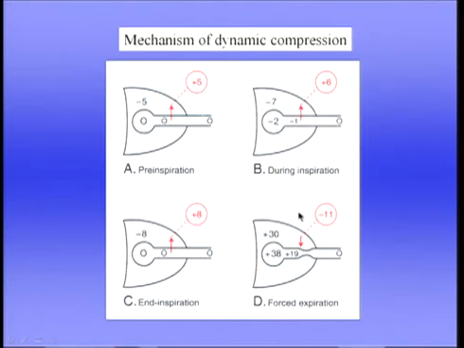Now, it turns out that this is a very important mechanism in patients with lung disease. There are at least 3 factors why a patient with chronic obstructive pulmonary disease tends to exaggerate this mechanism of dynamic compression. One is that if there is an increase in resistance of the small airways near the alveoli, this is going to increase the rate at which the pressure is lost as we go up the airway.